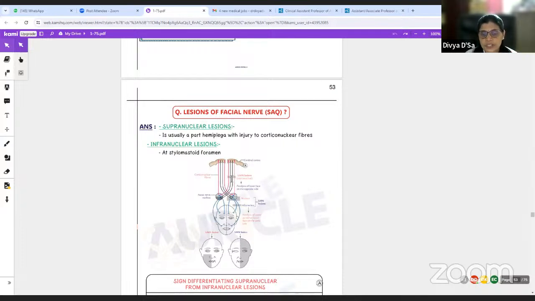So now supranuclear lesion means this is the nucleus, so above the nucleus there is a lesion. Now there is a lesion here, on the left side. So this is called the upper motor neuron lesion, or bulbar. So we say supranuclear lesion.